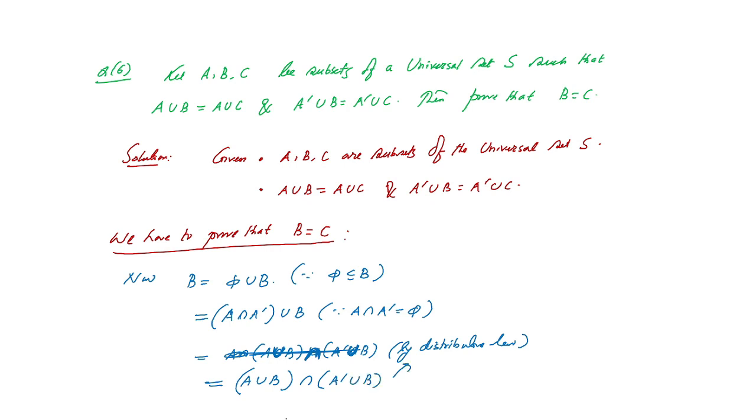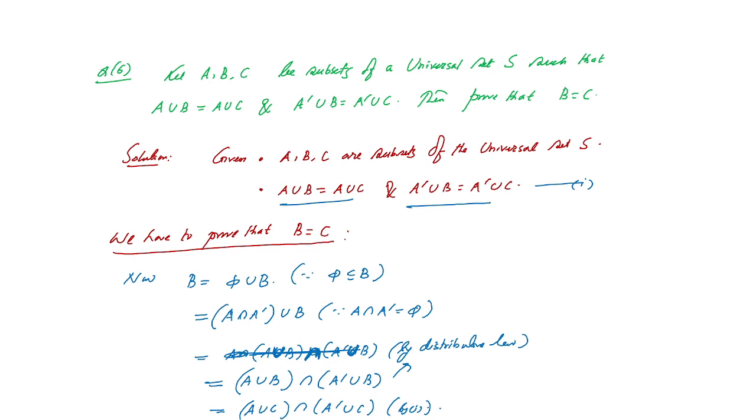Now what we have to write here: A union B, we can write as A union C, and A complement union B, we can write as A complement union C. Just as given in equation 1, you can write it by using 1.